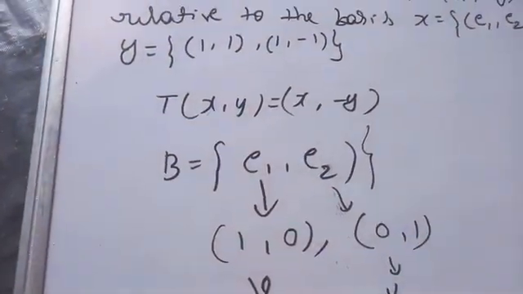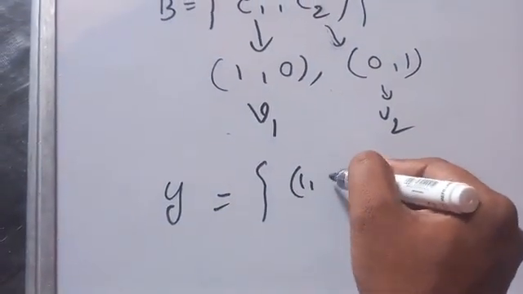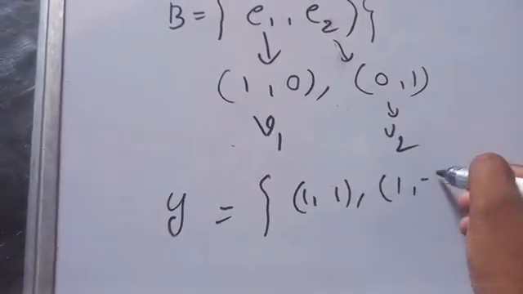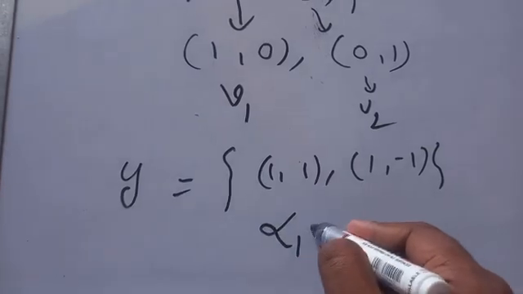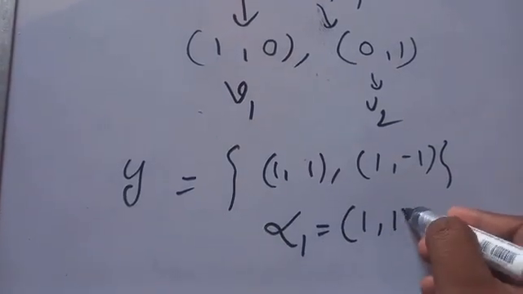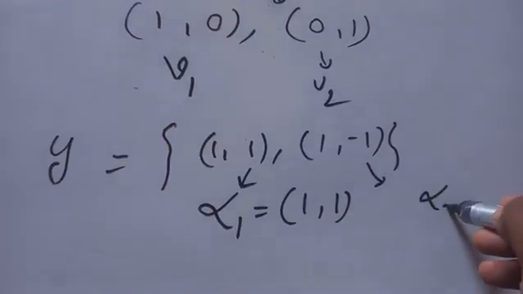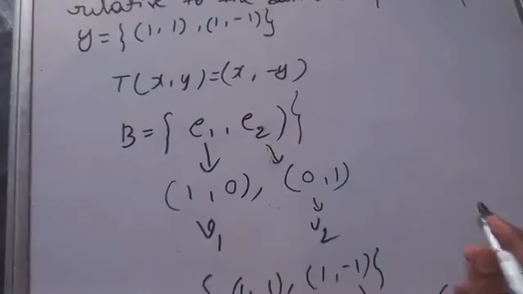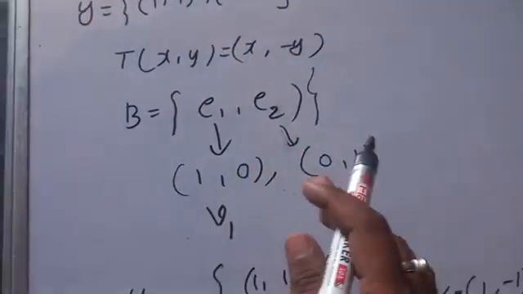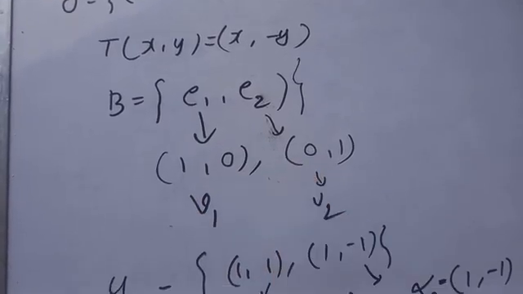Next, B' is equal to {(1, 1), (1, -1)}. So (1, 1) and (1, -1) form a set of linear combination of elements. Alpha 1 equals (1, 1), the first element, and alpha 2 equals (1, -1), the second element. Given T(x, y) = (x, -y). The basis B has (1, 0) and (0, 1), vectors v1 and v2.